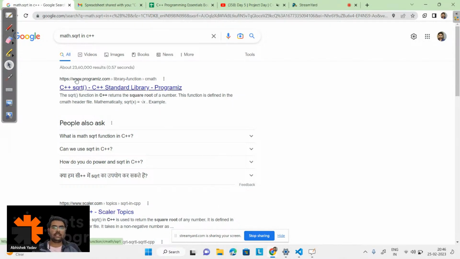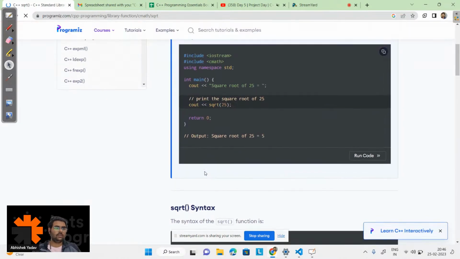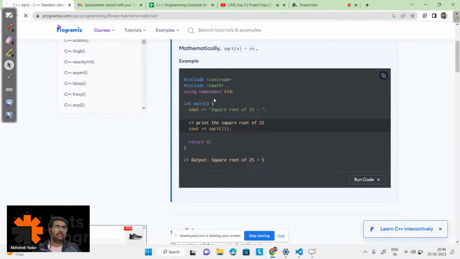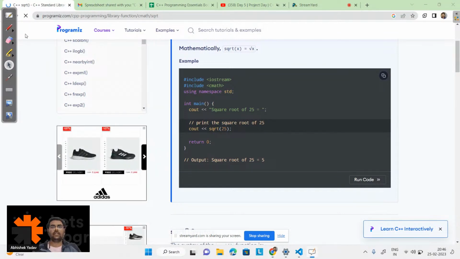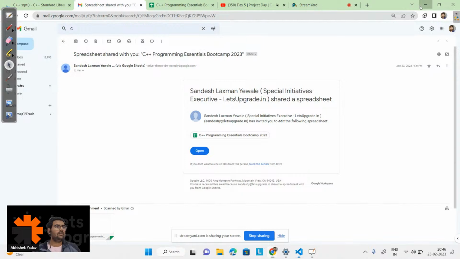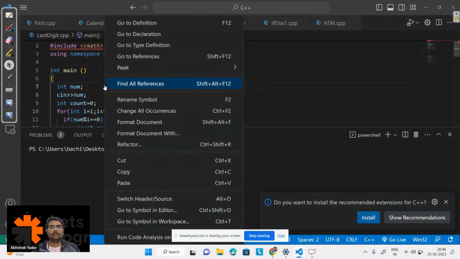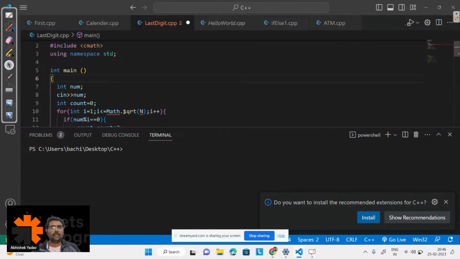Okay, it is directly square root, right? Let's see. So cmath. Okay, cmath I have to use. Yeah, so basically cmath. One minute. Let's see. So here it will be cmath, and here I will use square root, right?